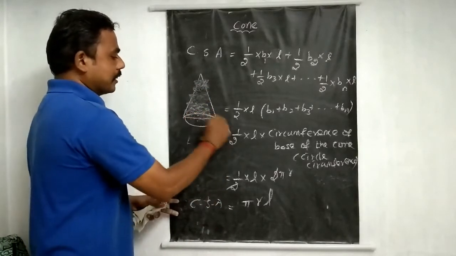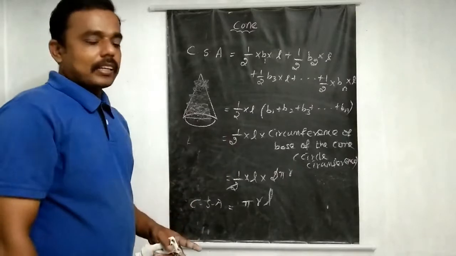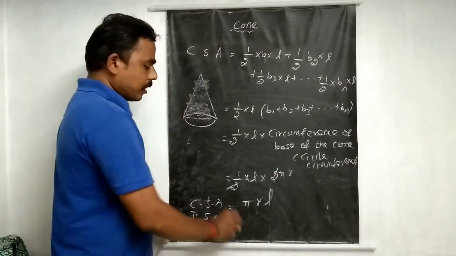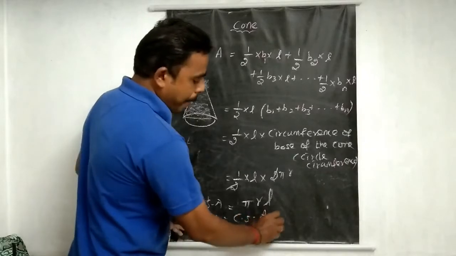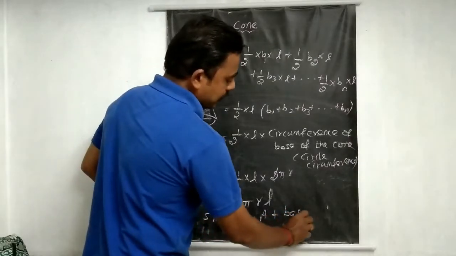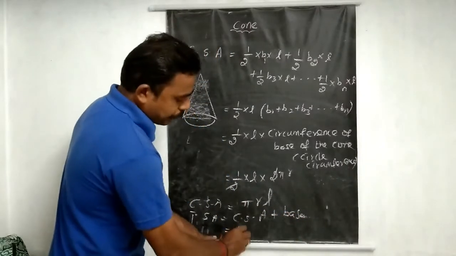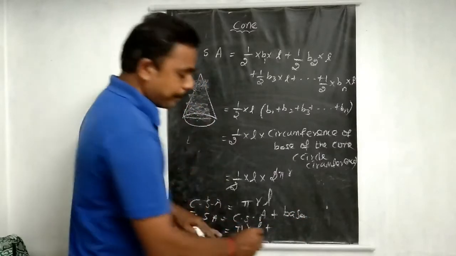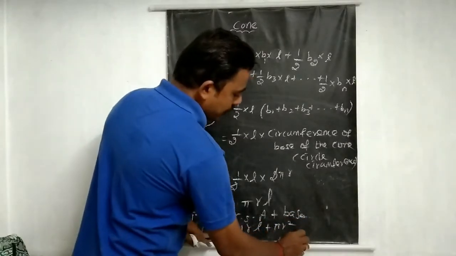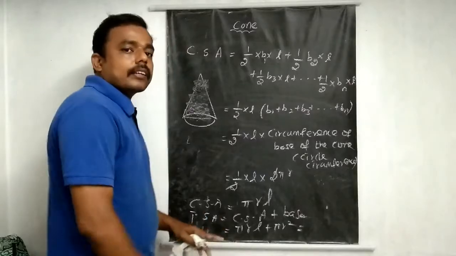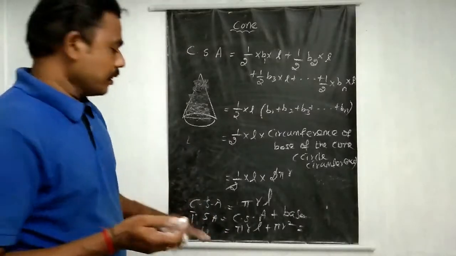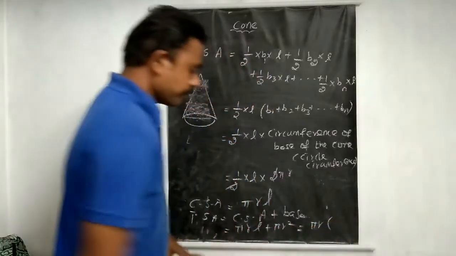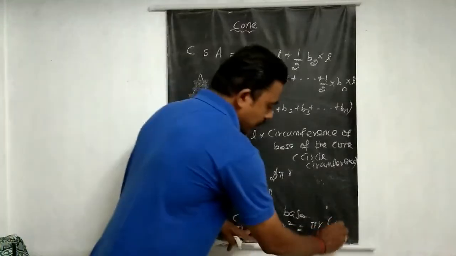Now what is the base? Base is a circle. Now total surface area of the cone equals curved surface area plus base. Curved surface area is pi r L. Base is a circle, area pi r square. Now we may form a uniform thing. So pi and r common. So pi r into remaining L plus r.